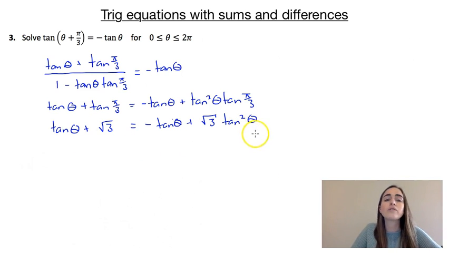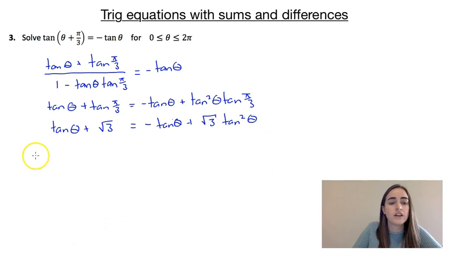Now I want to move all of this onto one side of the equal sign, but I want to keep this squared term positive. So I'm going to end up with root 3 tan squared theta. Now I've got a minus tan theta here. That's a plus there. Just trying to figure that out. It looked like a minus 1. I've got a minus tan theta, and I'm going to minus another tan theta when I bring it over. So I'd have minus 2 tan theta.